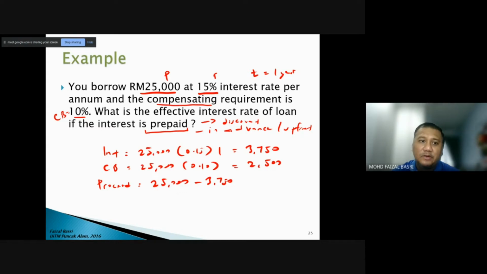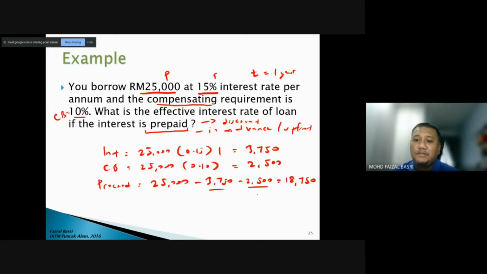The compensating balance requirement is 10%, we already calculated, worth 2,500 ringgit. So we need to deduct both. This is the maximum that we have to deduct. So 25,000 minus 3,750 minus 2,500. So we are left with only 18,750.